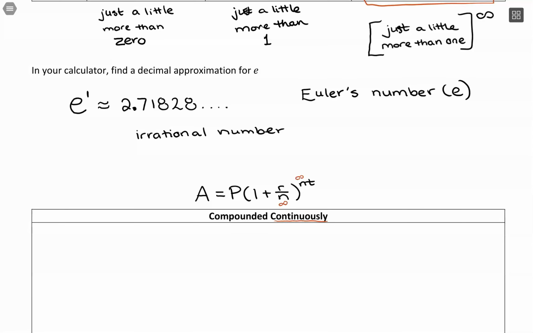That's very similar to what we just saw in the formula up above. If we ignore the rate for right now, we have 1 plus a little bit more, with a really large exponent. How that behaves is it turns into e.